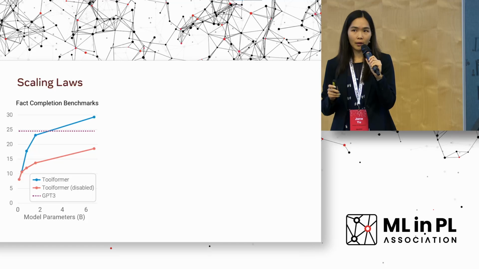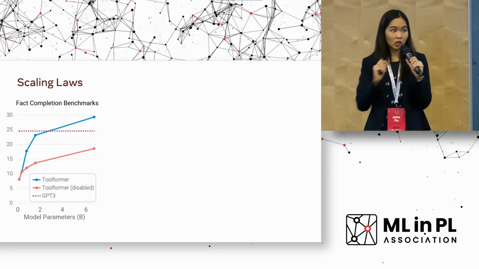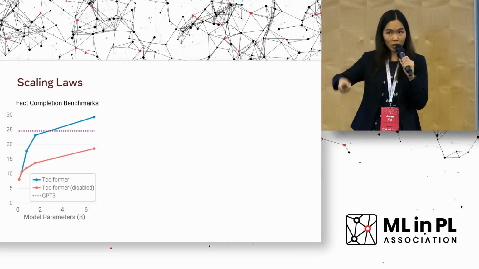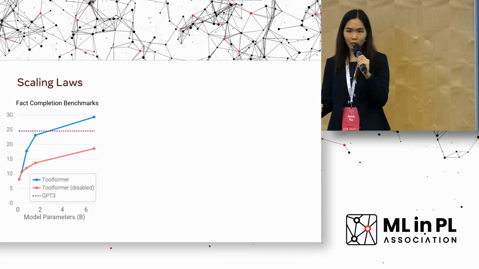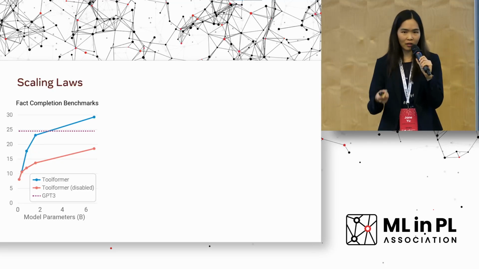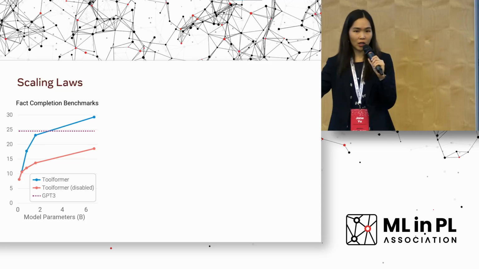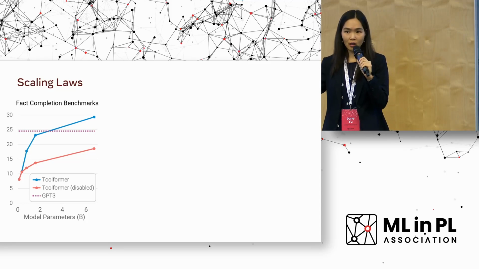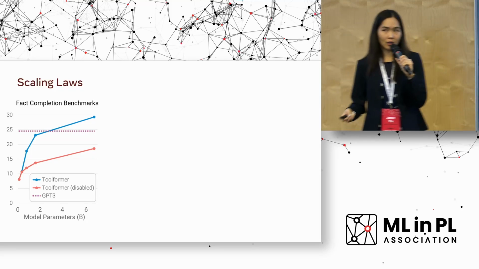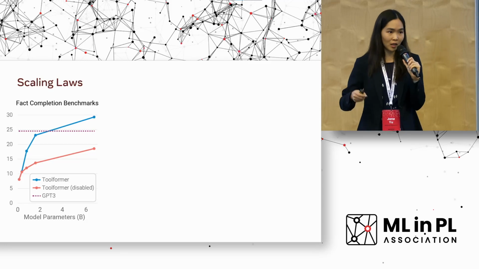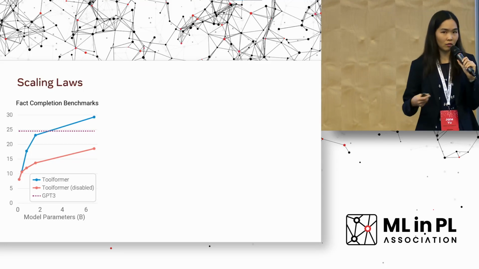And so what you can see here is that for the fact completion benchmarks, for the smallest two sizes, you don't see a difference between the tool using Toolformer and the disabled Toolformer, which means that the model isn't smart enough yet to know how to leverage those tools to the best of its ability. And once you get to the third largest size, you do see this performance emerge, meaning it is able to take advantage of those tools.